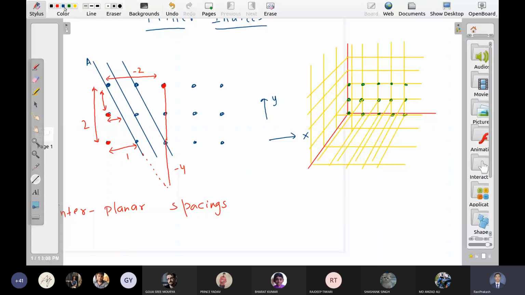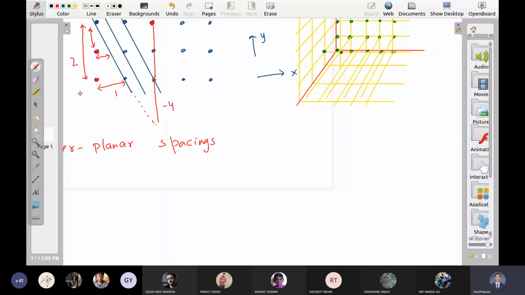What is the 111 plane? 111 plane क्या होगा? These are the Miller indices. Intercepts on the axes are the inverse of them. Inverse of them means 1 upon 1, 1 upon 1, 1 upon 1, multiplied by the size of the unit cell along the axis.